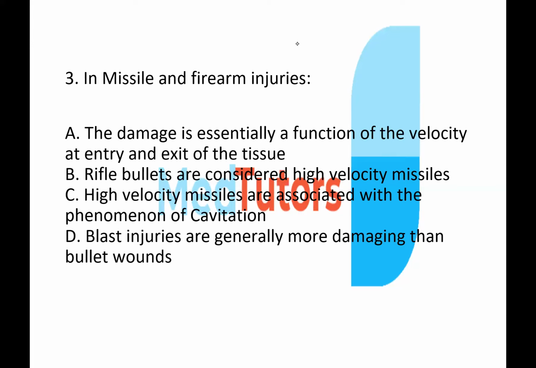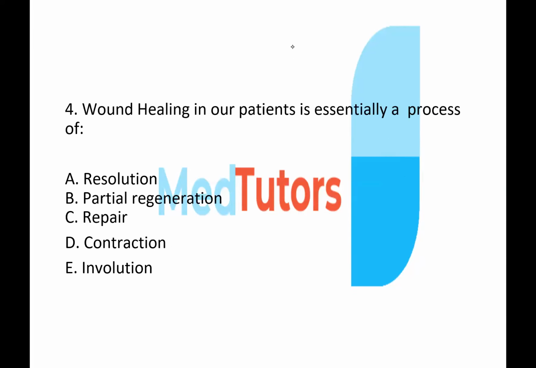You have a lot of shrapnels that can have a velocity of a bullet or more. After the blast, you have several shrapnels with a very high velocity, the explosion from the air that is generated and all that. So the overall effect of blast is more than that of a bullet.